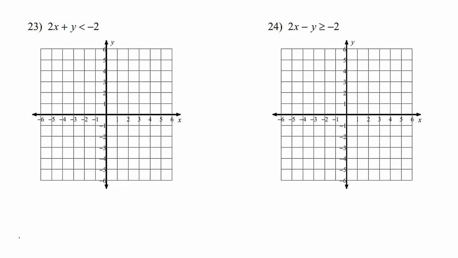On 23 and 24 and 26 on the next slide, we need to solve for y so that we can graph. So I'm going to subtract 2x. Get y is less than -2x minus 2. And then graph like what we've been doing. So start at -2. My slope is down 2 over 1.